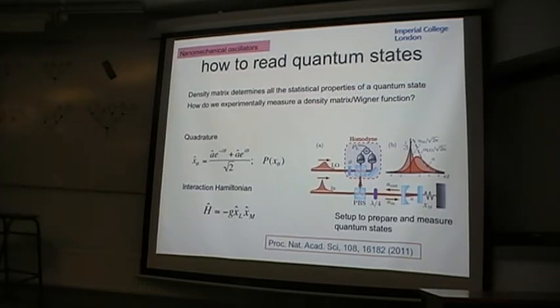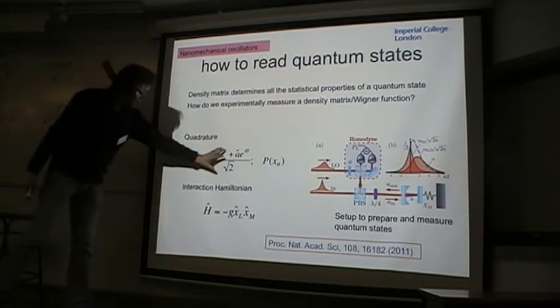So in phase space, we have this x and p, that's the phase space we know of, and we have to be able to measure the probability P of x and the probability P of p, and also for all other axes. Then we'll be able to reconstruct the joint probability function, and that's what we want to do. And to do it, we have to be able to measure this x.